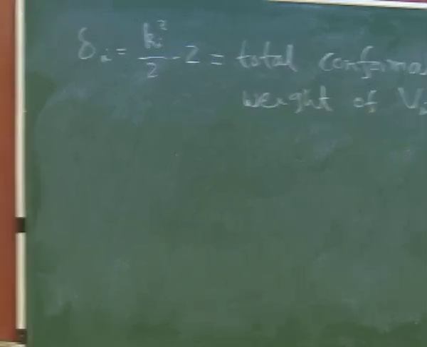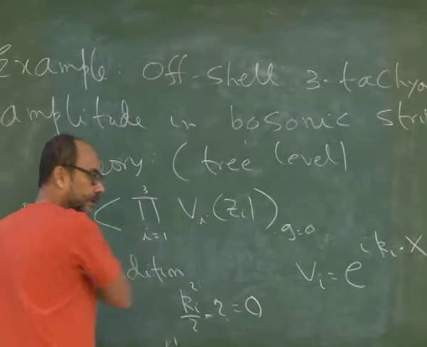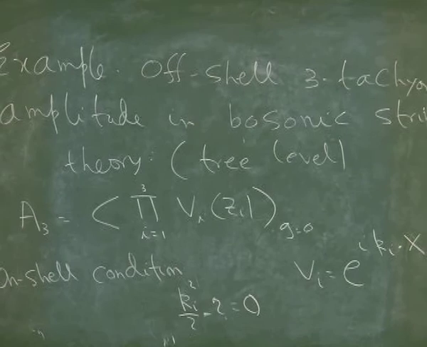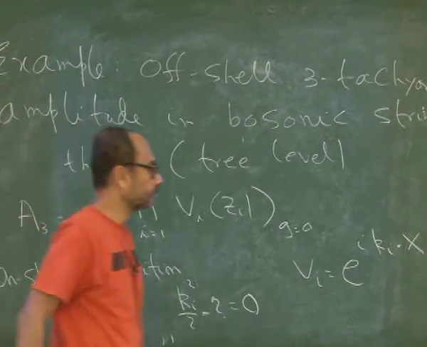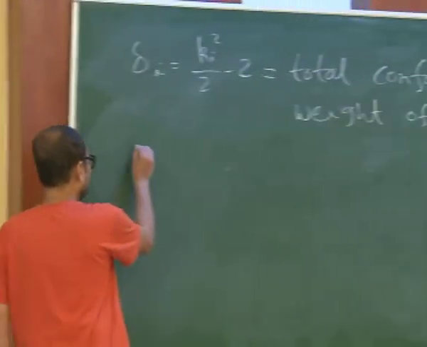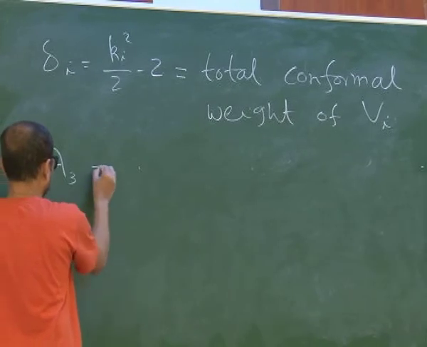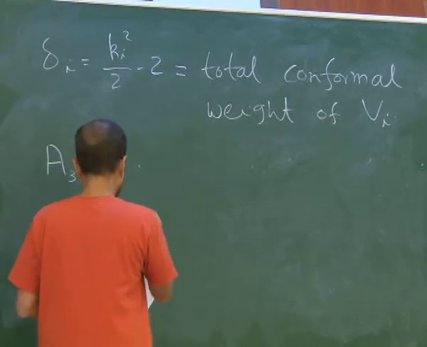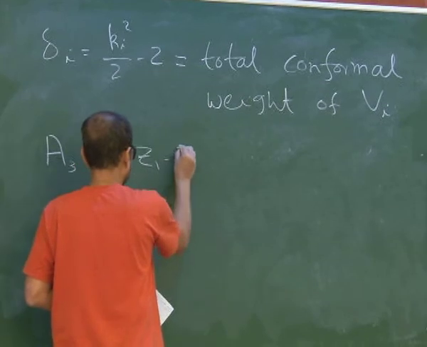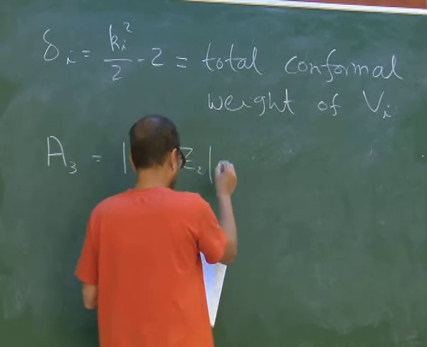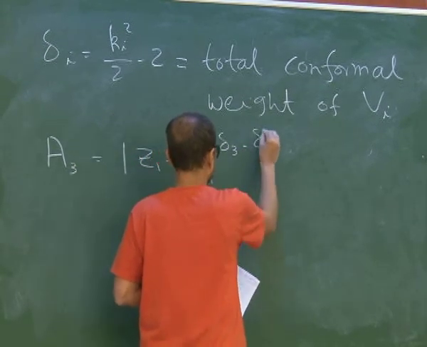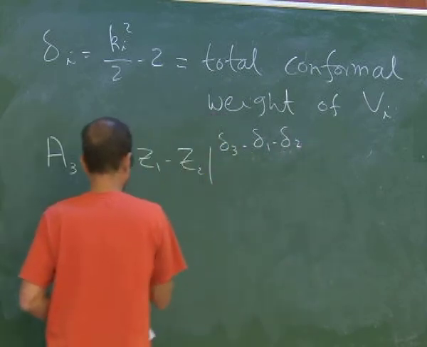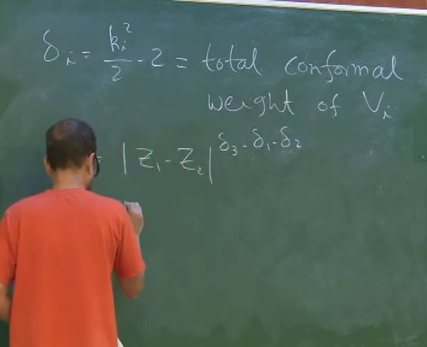Okay. So in any case, we can compute this. It's just a simple 3-point function on the sphere or on the plane, and what we find is the following answer, given by mod z1 minus z2 to the power delta 3 minus delta 1 minus delta 2, mod z2 minus z3, and so on.